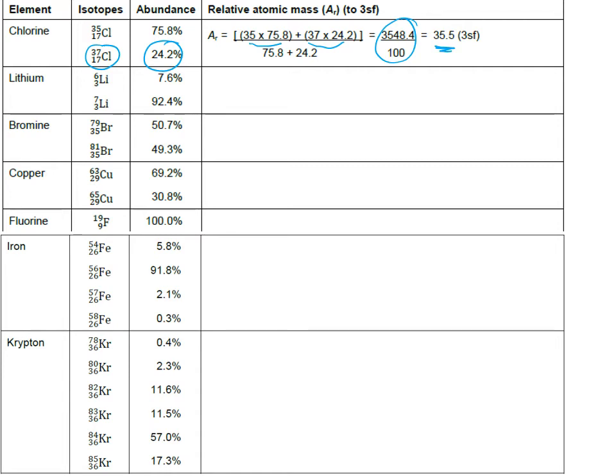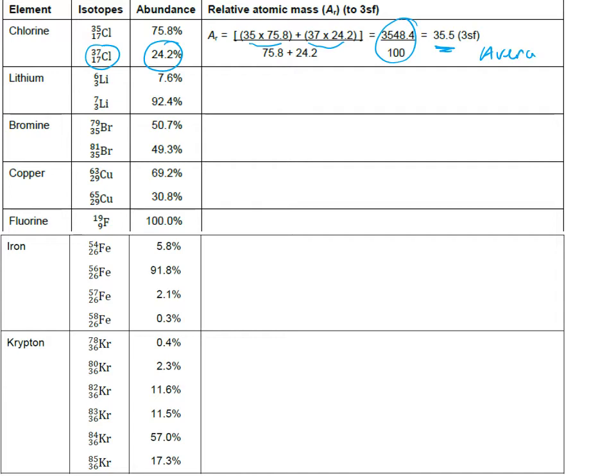We've got 35.5. So that's why in your periodic table some atoms have a point value for their mass number, even though you can't have half protons or half neutrons. This is just because it's an average.